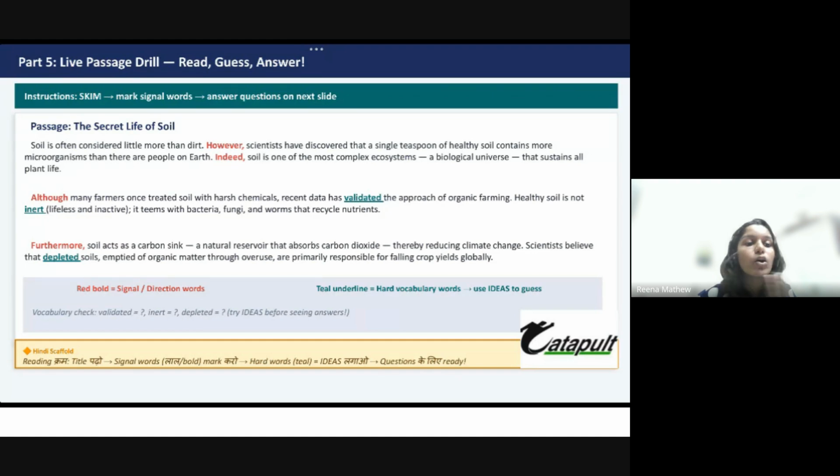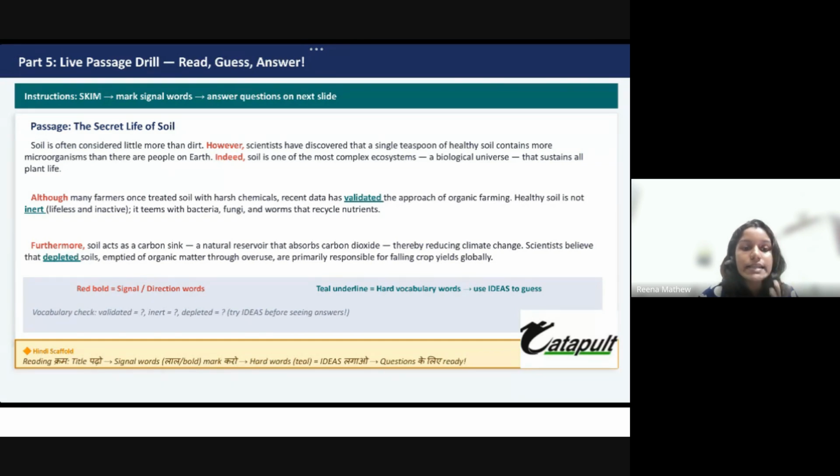So should you skim or scan? For the passage ka main idea, should you skim or scan? You should skim. Main idea, right? You don't have to read every word, just the first sentence, maybe the last sentence in between.